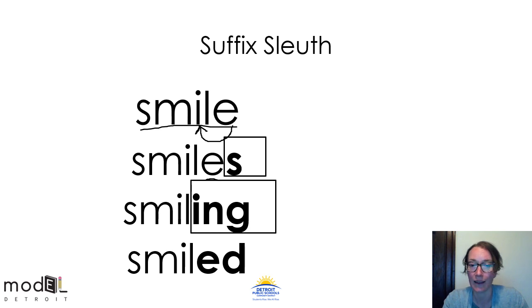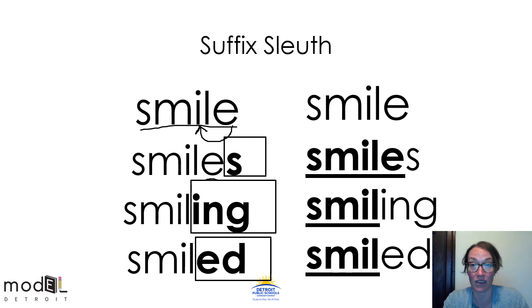ED. Since it begins with a vowel, we know that the magic E will be becoming invisible in the base word. Now, in this next list over here, it's the same words, but this time the base word is underlined. We have smile, smiles, smiling, and smiled.